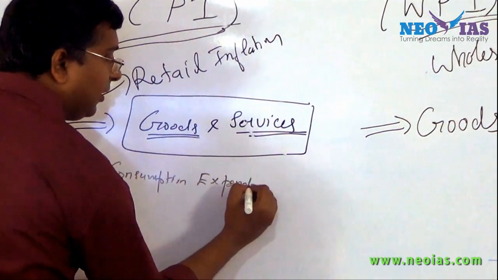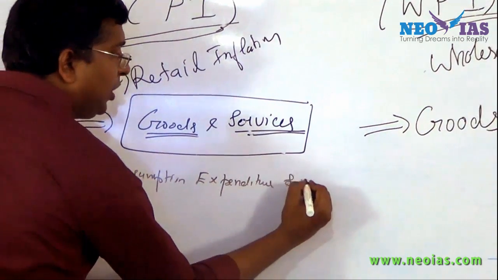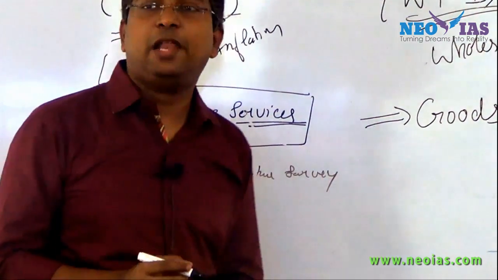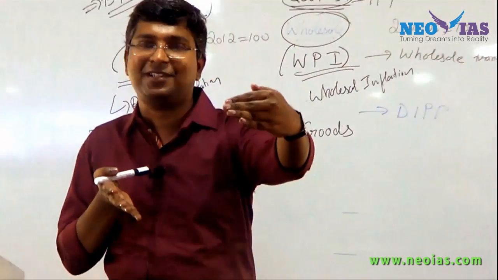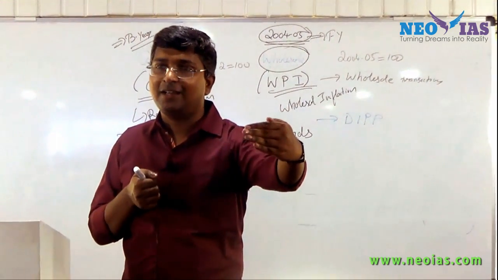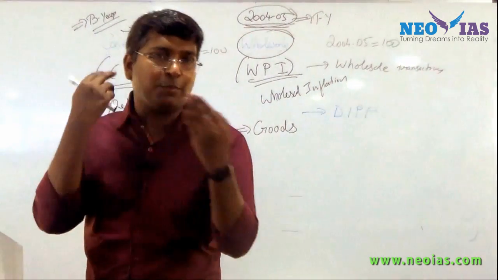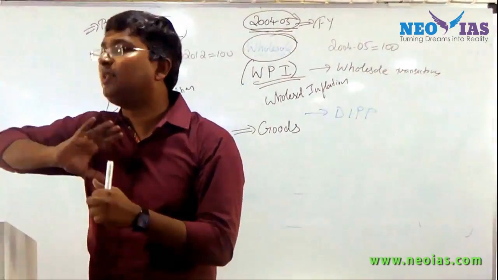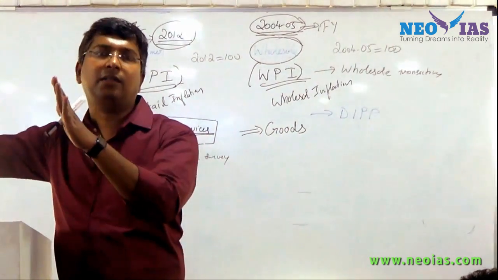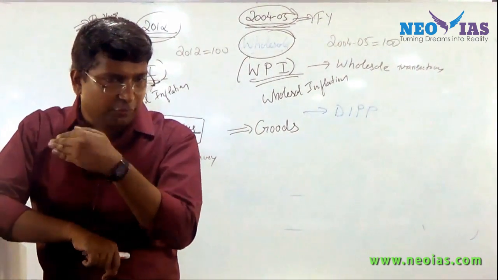What is this survey? People will go to houses and ask them questions. They will have a list of questions. How many members are there? What is your income? How much money did you spend? What products do you like? They will not go to every house. They will go for a sample.